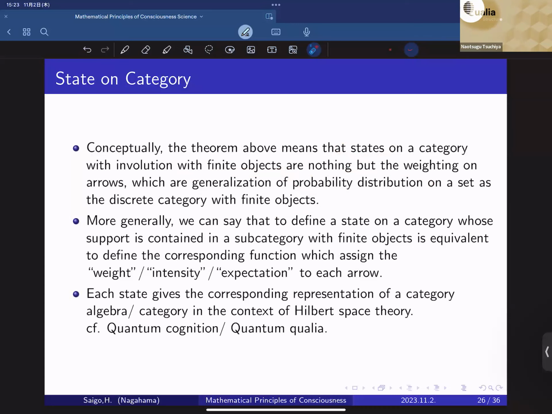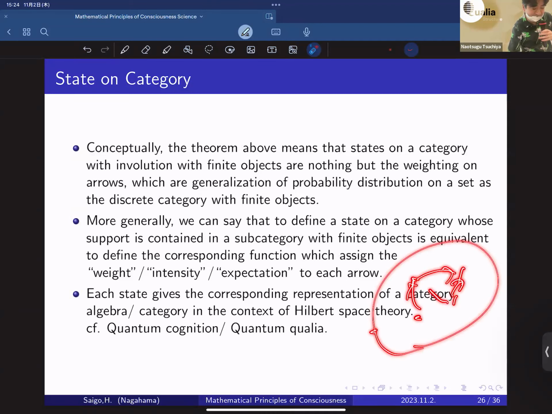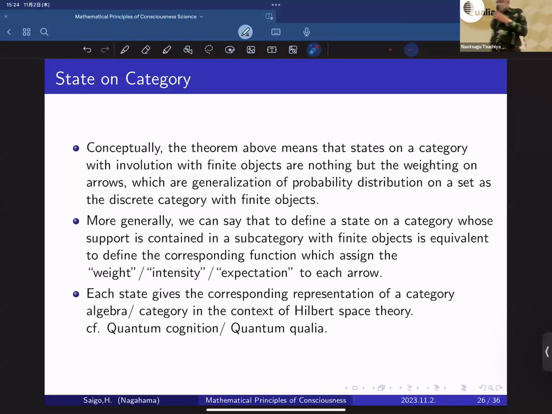This is called a discrete category, a category like this with no intertwining arrows. In this case, the state is nothing but the probability distribution on objects. But this generalization, where there are many intertwining arrows, goes to the non-commutative domain.